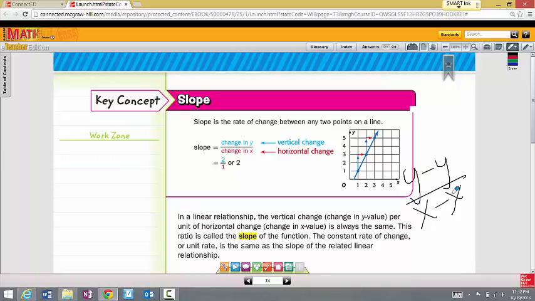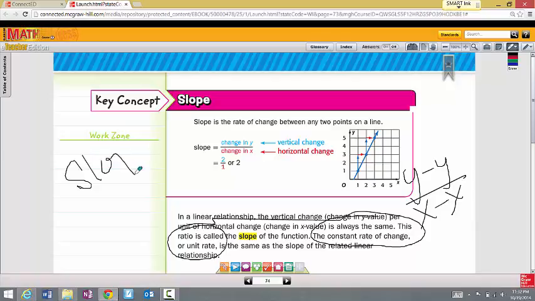It's the same thing that you were doing. It is that constant rate of change, which is written right in here. It's the same thing that we've been doing, or that unit rate. It is a linear relationship. So none of this is different.